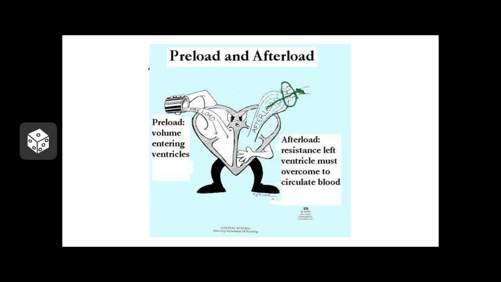If, for example, the aorta is experiencing arteriosclerosis, hardening of the arteries, there may be less room for blood to flow through that blood vessel. That means in order to overcome that resistance, the ventricle has to contract with more force. So in order to maintain cardiac output in this case, there must be an increase in force of contraction to overcome the afterload.